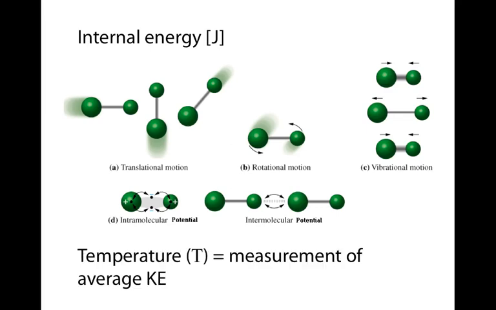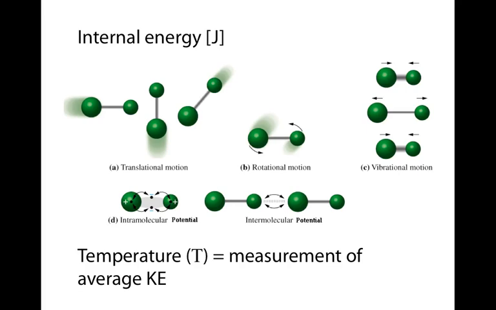Temperature. So what's temperature? Temperature is a measurement of the average kinetic energy of the particles in the sample. It has nothing to say about the potential energy. It is only interested in the kinetic energy.